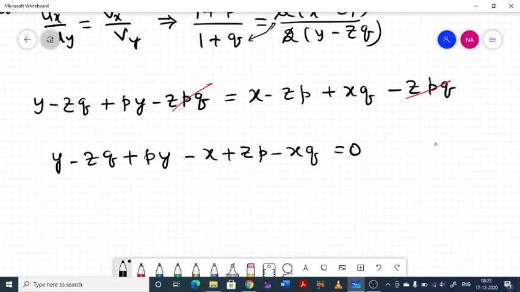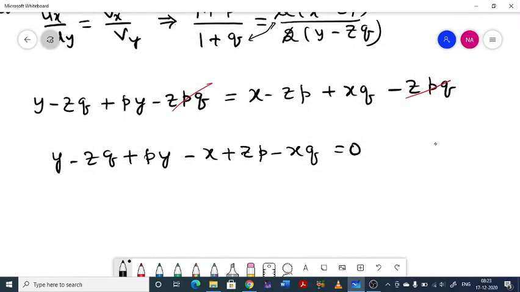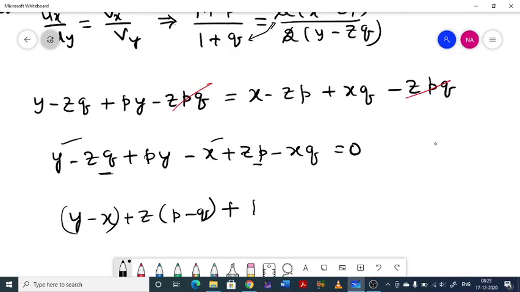So that implies y minus x, then minus zq plus zp, or do one thing, take z common in these two, plus z times p minus q, plus py minus xq equal to 0. That is the required PDE.